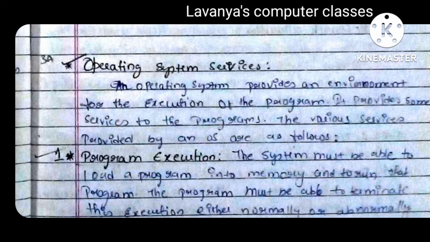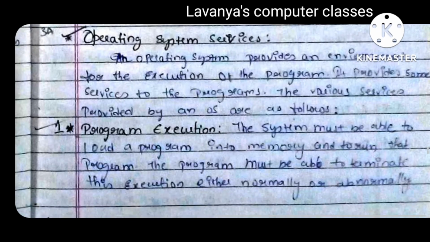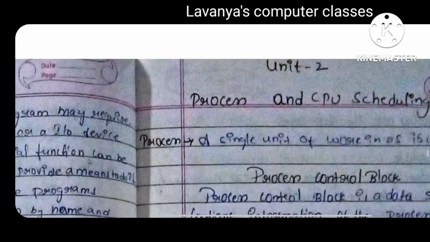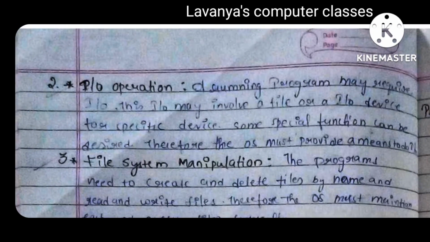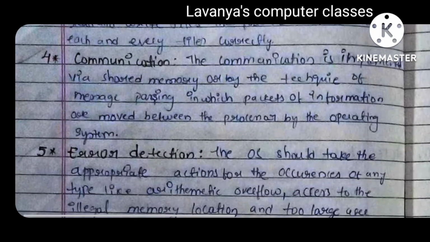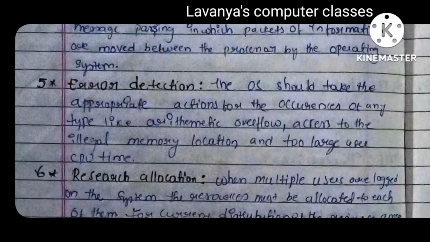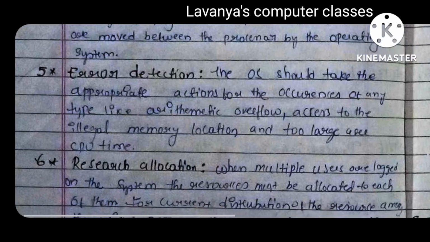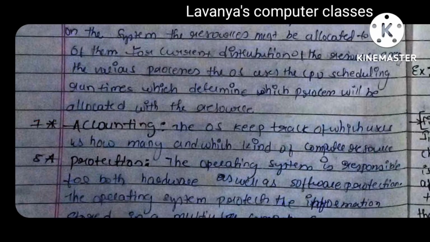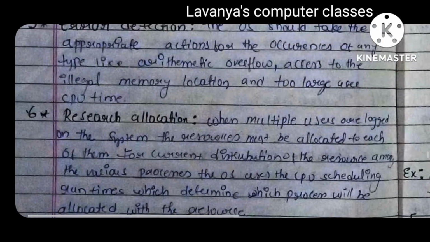Program execution, next IO operation, file system manipulation, communication, error detection, resource allocation, accounting, protection. So these are the services of operating systems.